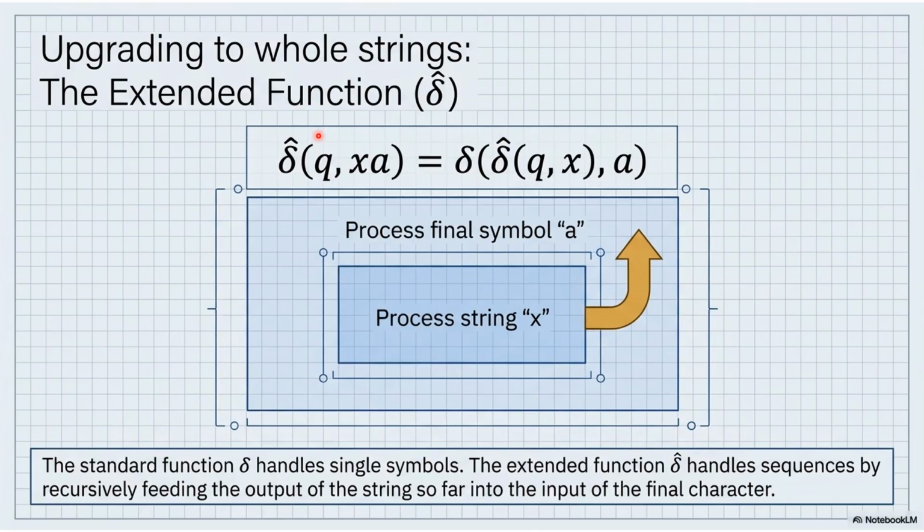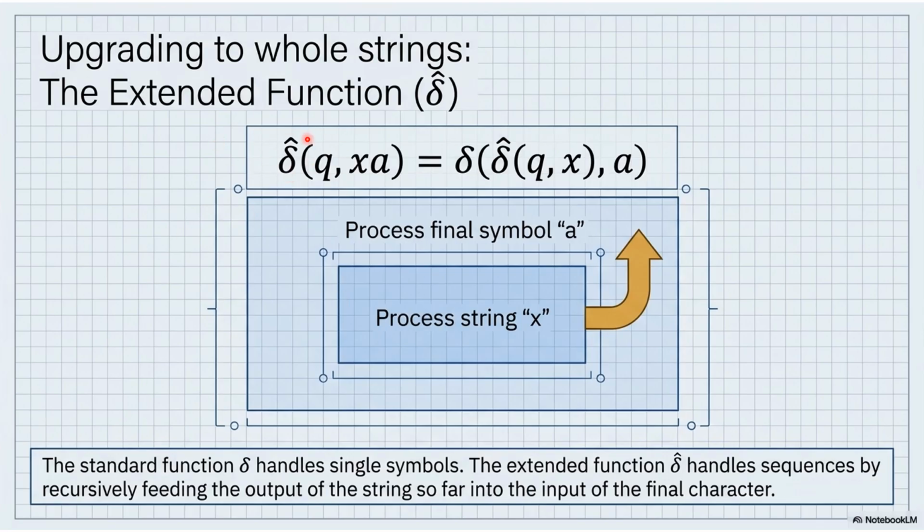The next one, the extended transition function. The extended transition is represented as del cap. The extended transition function processes an entire string and determines the final state after reading all the symbols. Del alone processes only a single symbol, but del cap, the extended function, processes the entire string.